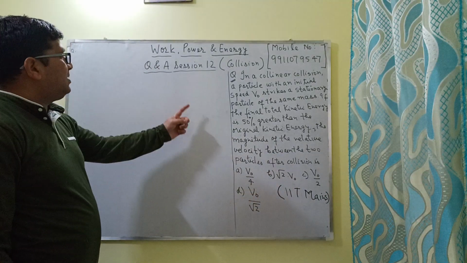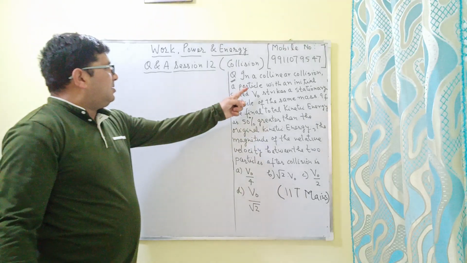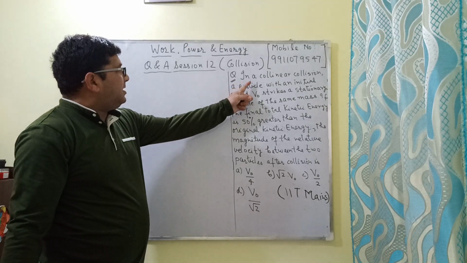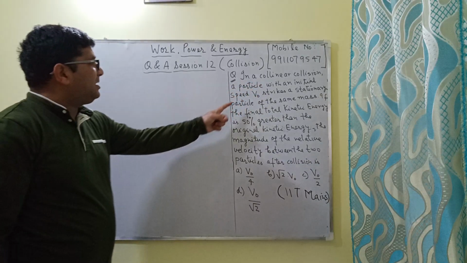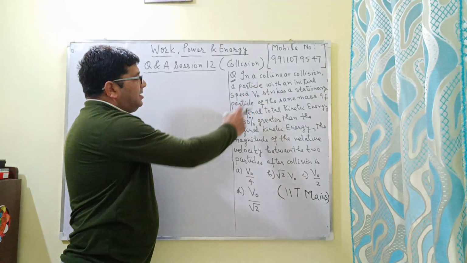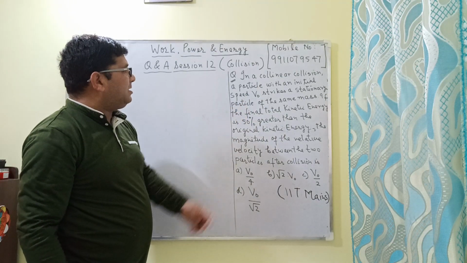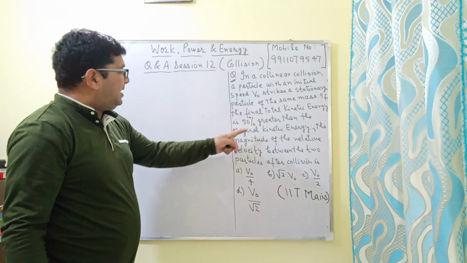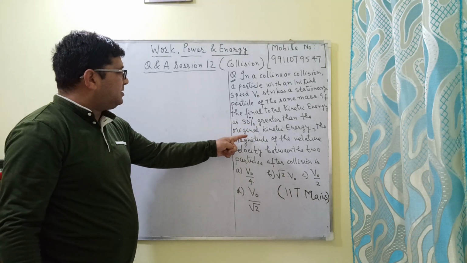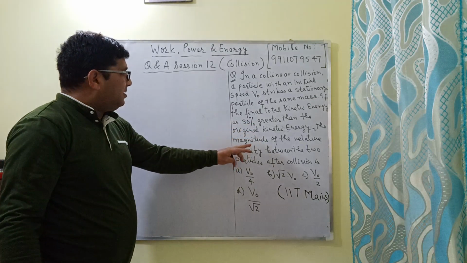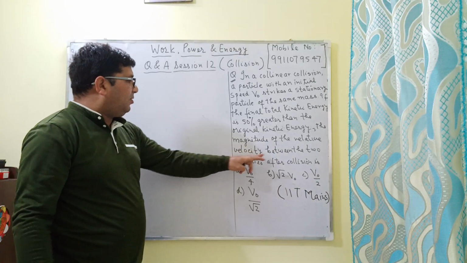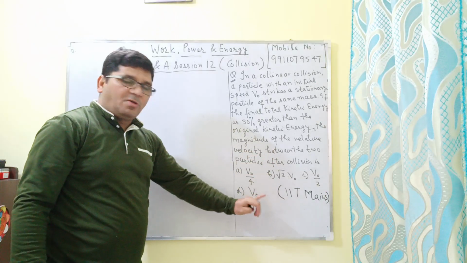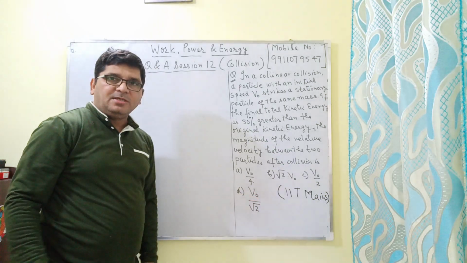The question says that in a collinear collision, a particle with an initial speed v0 strikes a stationary particle of the same mass. If the final total kinetic energy is 50% greater than the original kinetic energy, the magnitude of the relative velocity between the two particles after the collision is. There are four options here, and we have to find the correct one.